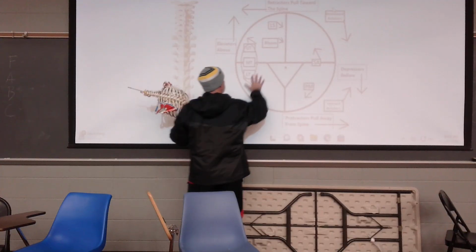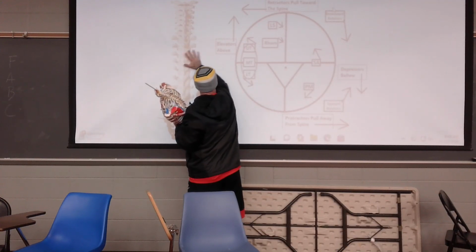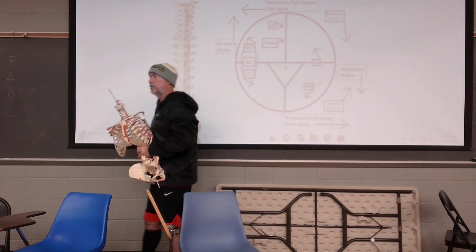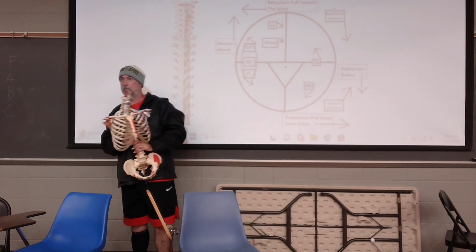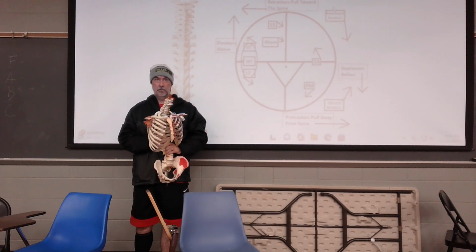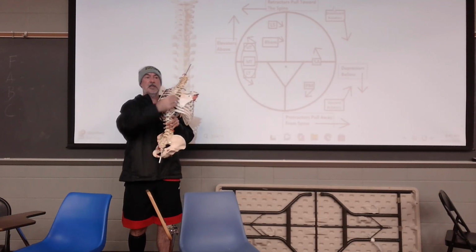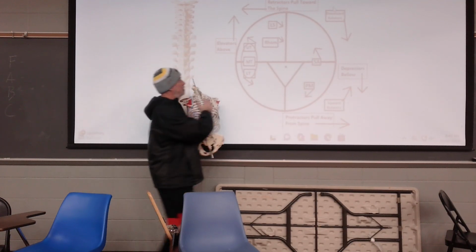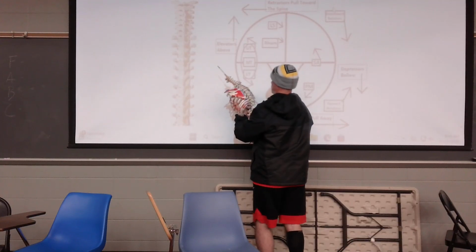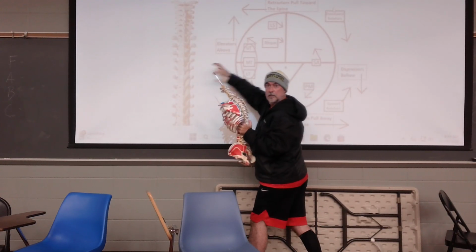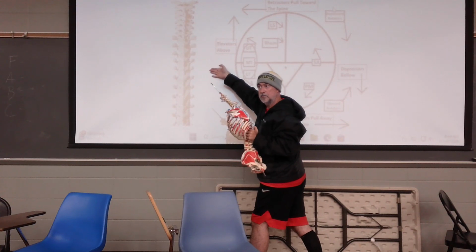The muscles on the inside, closer to the spine, are going to be trying to pull my scapula back to my spine. Does that first part make sense? Those are going to be the muscles here, pulling this. Okay.